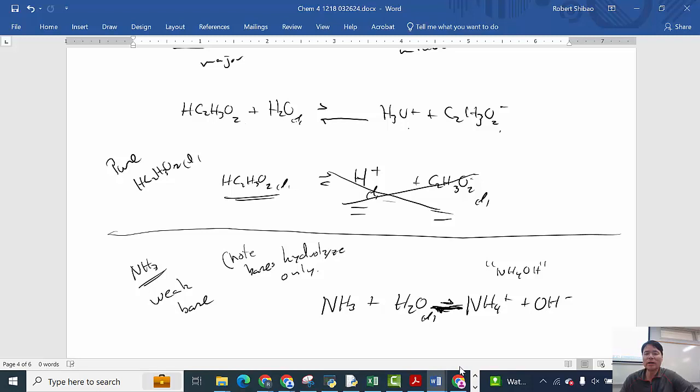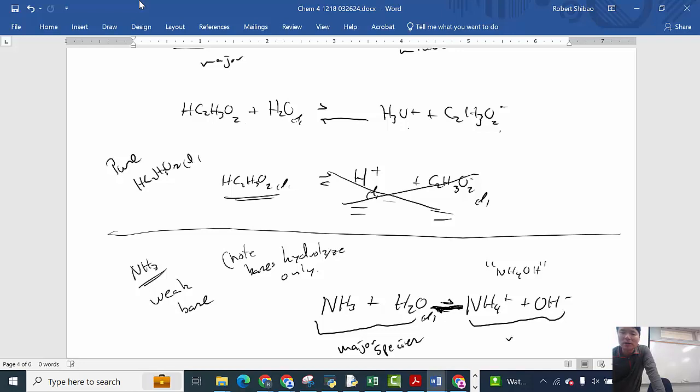Less than 1 out of 100 will make it to the top of the hill. And we see that here, that less than 1 in 100 makes it to the top and lights up the light bulb. But the majority of the species will not conduct electricity. It's just the minor species here that do conduct.